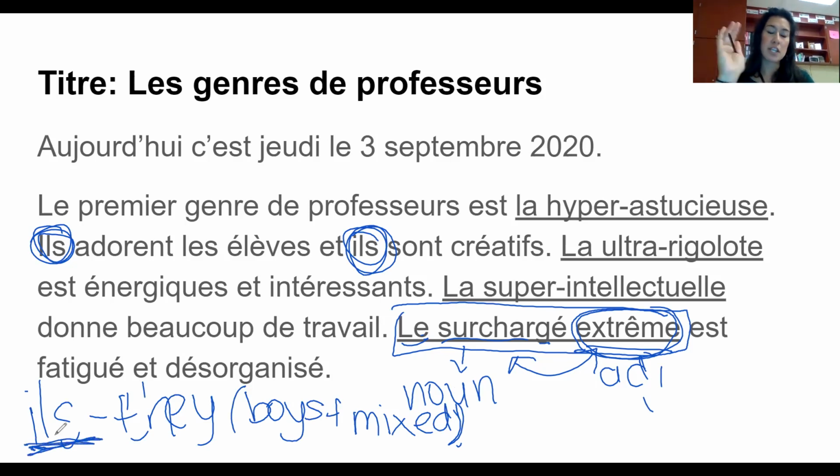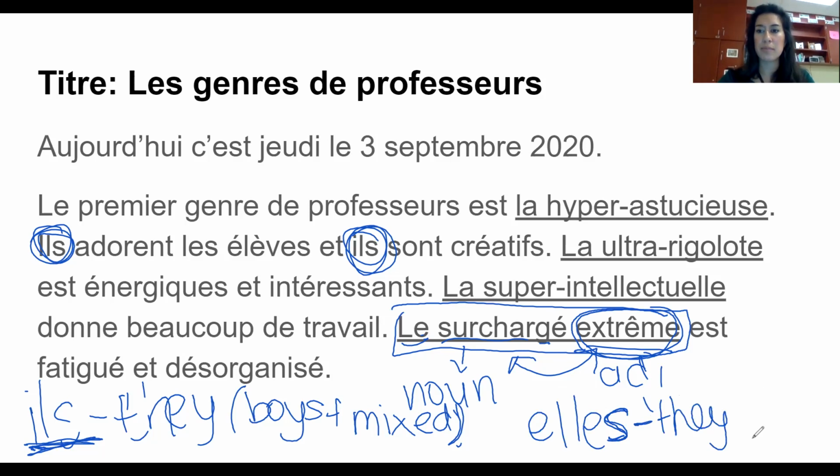But there is another way of saying "they" in French, which is "elles". You don't actually pronounce the S. And that we would use if it's "they" but only talking about a group of females, so feminine plural.